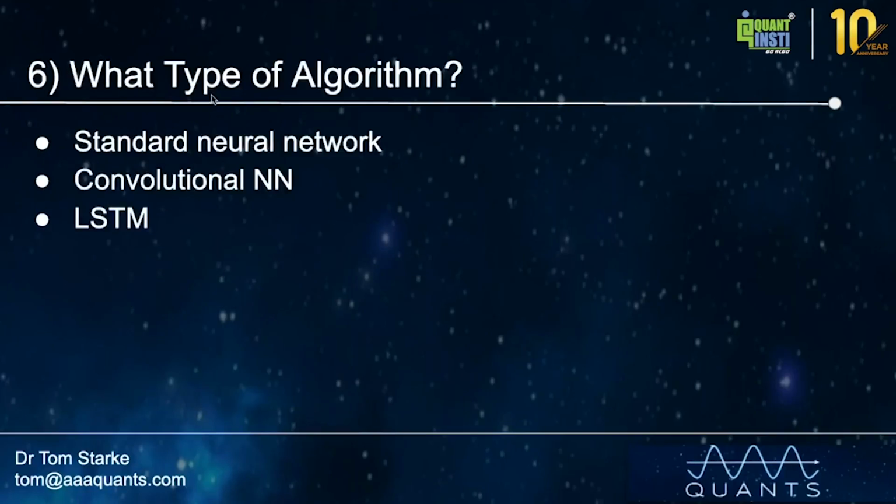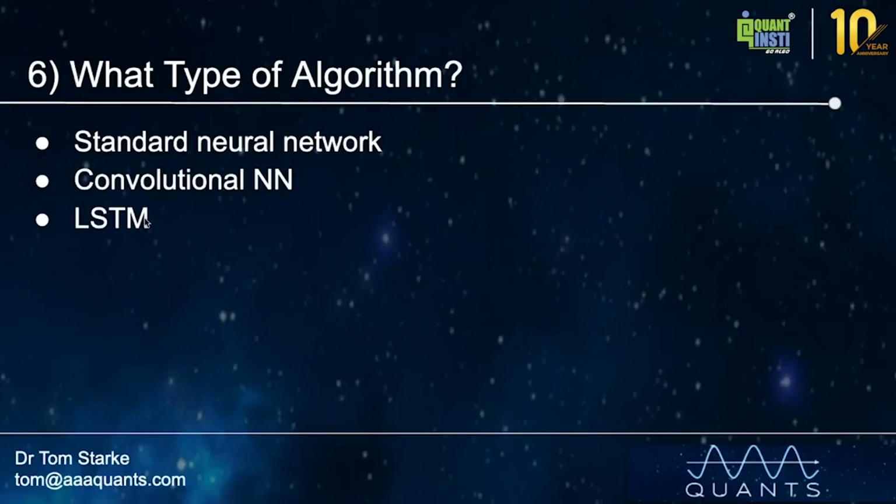Okay, then the next question is, what type of neural network should I use? In most of my work, I use just standard neural networks, but there's also the possibility to use convolutional neural networks, which are often used in image processing, or LSTMs, which means long short-term memory neural networks.